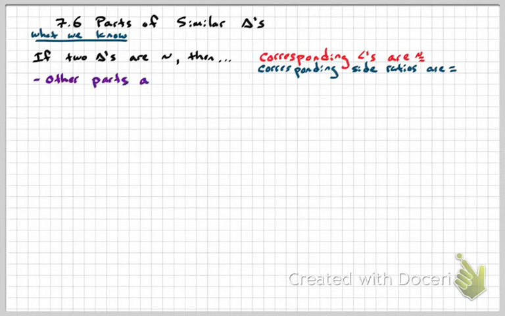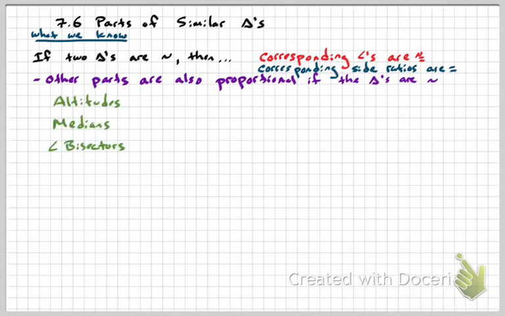Now there are other parts of triangles that are proportional, not just the outside side lengths. Those parts are the altitudes, the medians, and the angle bisectors. An altitude is a segment that's perpendicular to one side and connects to the opposite vertex.